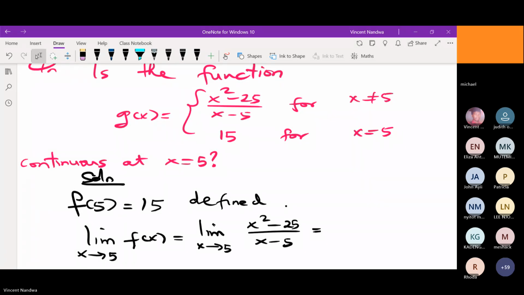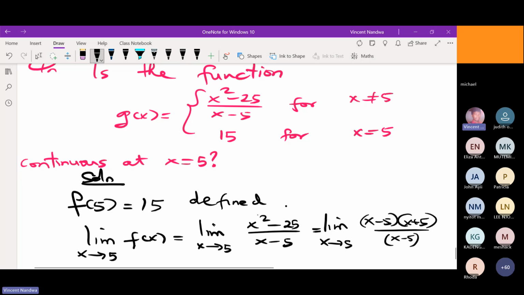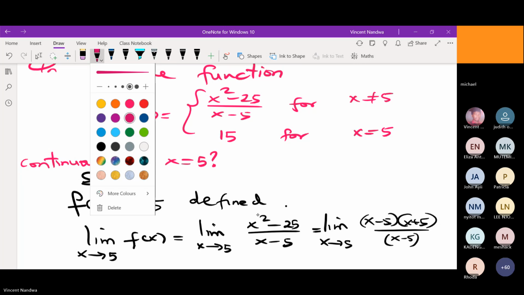10. By which method have you applied? Factorization. So x approaching 5, x minus 5 times x plus 5, divided by x minus 5. So x minus 5 cancels out.